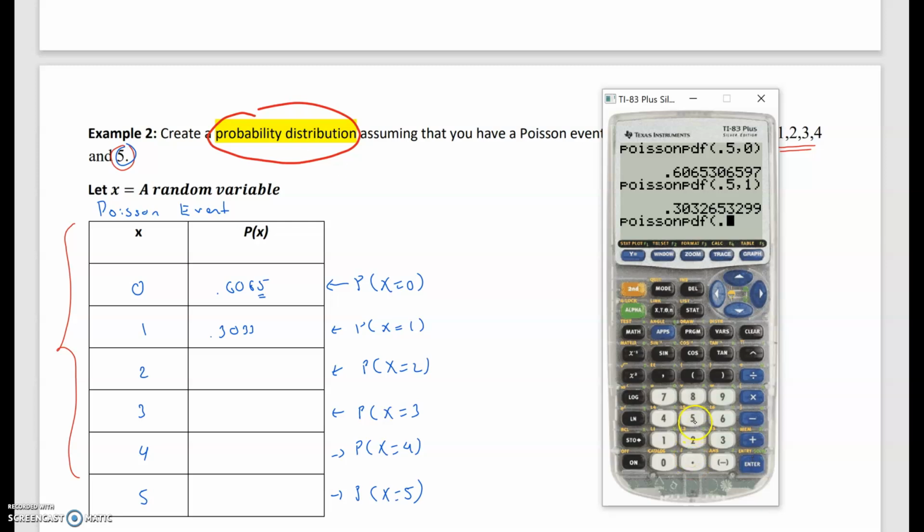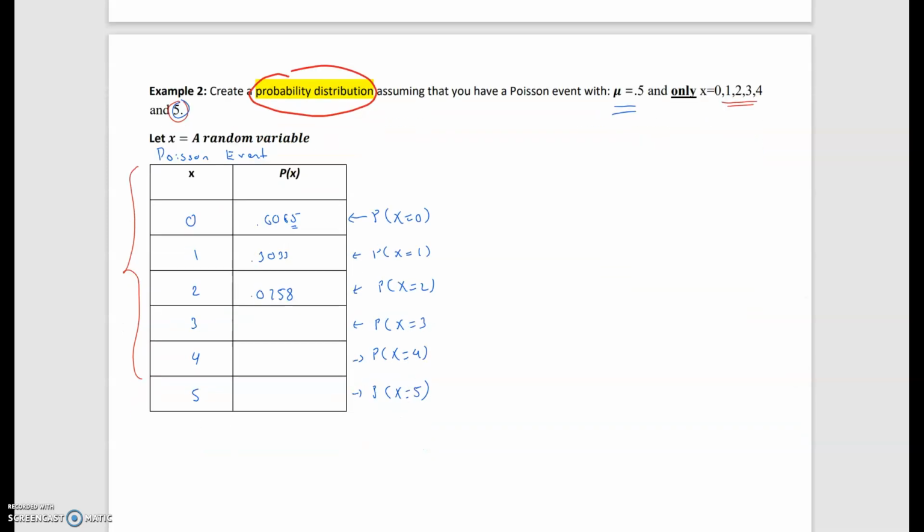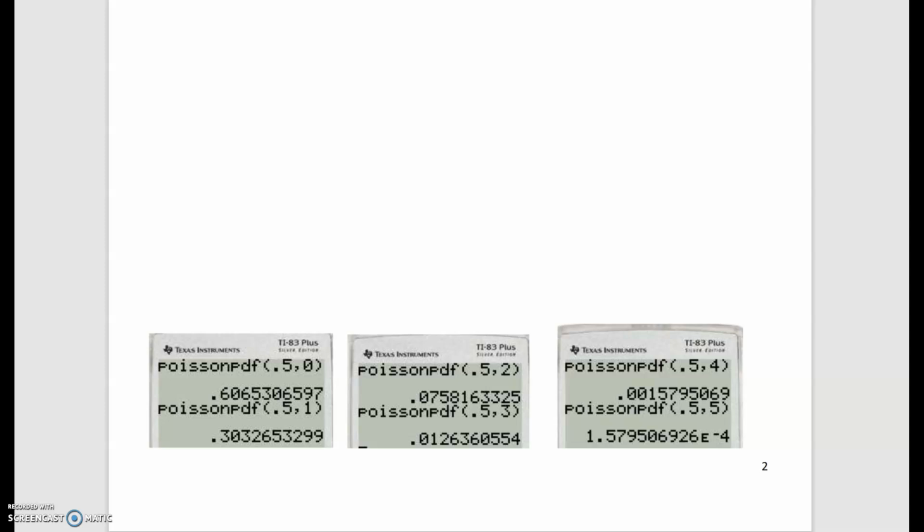So we're looking at 0.5 comma, and then we're going to evaluate 2. For this one, I'm getting 0.0758.